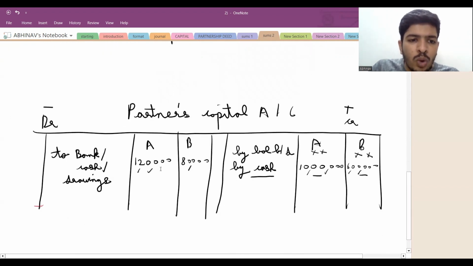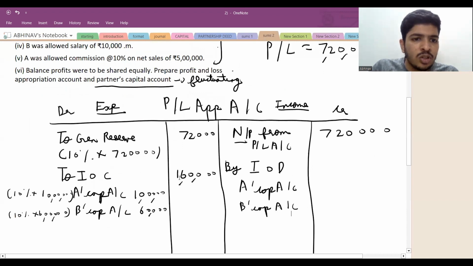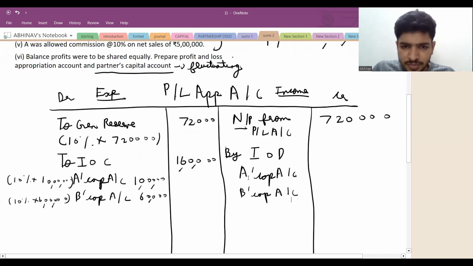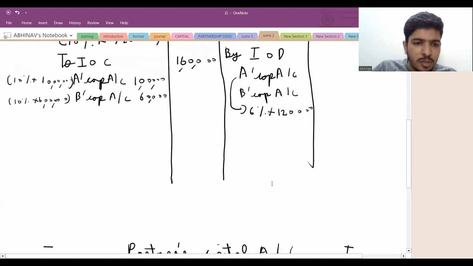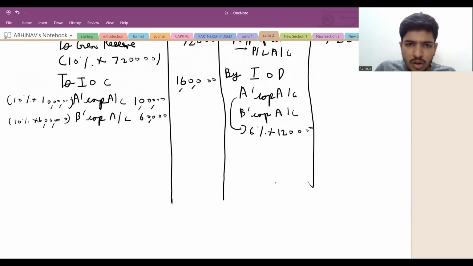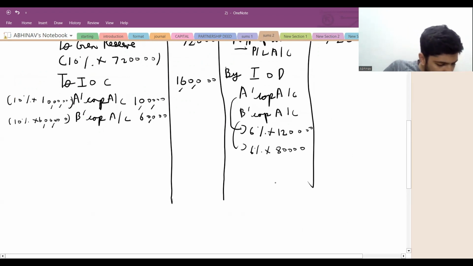A withdrew 1,20,000 rupees, so 6% of 1,20,000 rupees. Then B withdrew 80,000 rupees, so 6% of 80,000 rupees. Since I don't have space here, I'm writing like that.